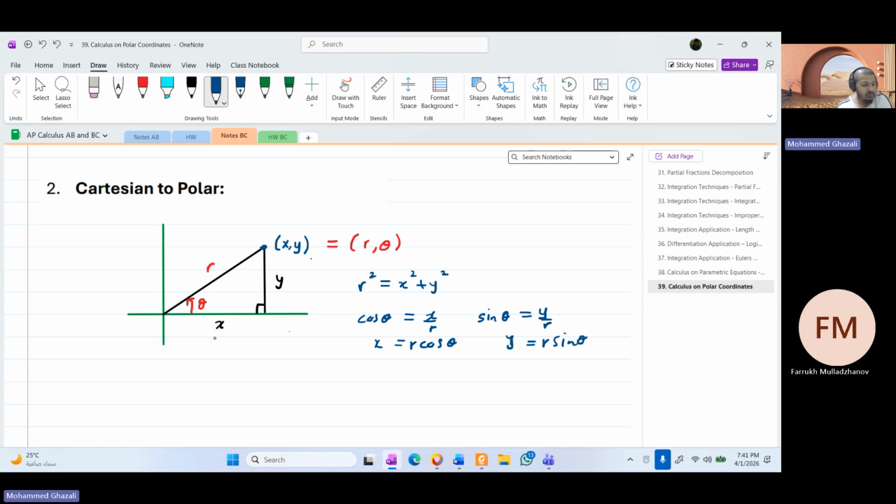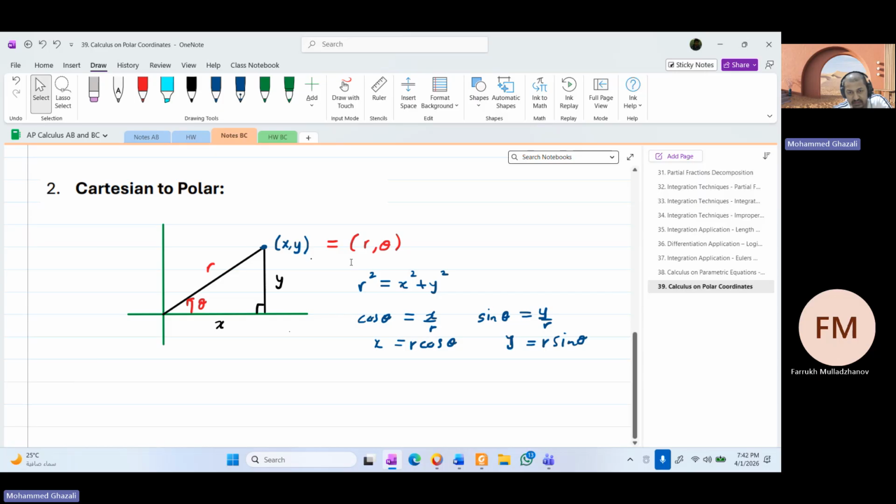Okay. Wait, this was Cartesian, right? So now how are you going to find the angle? To find the angle theta, we know how to find R, right?